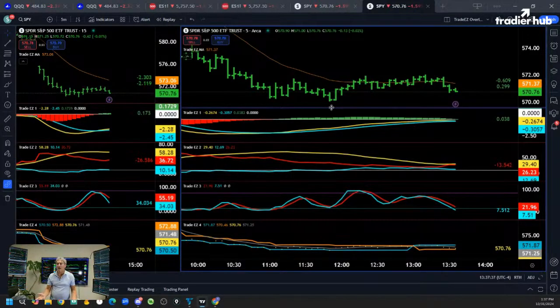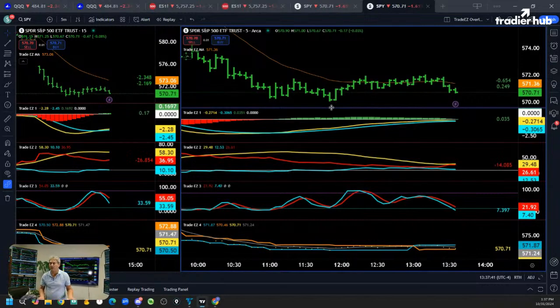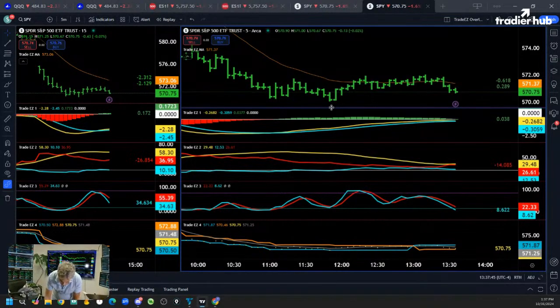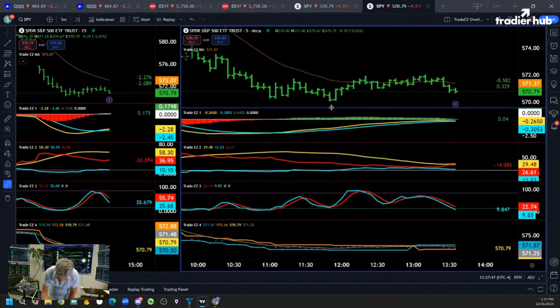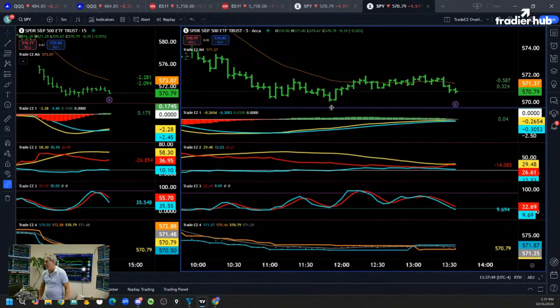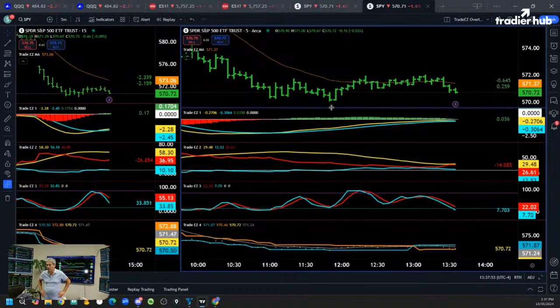It's a non-confirmation. You're making new lows, but the MACDs did not confirm the move, right? That's important. That's really super important to recognize that.